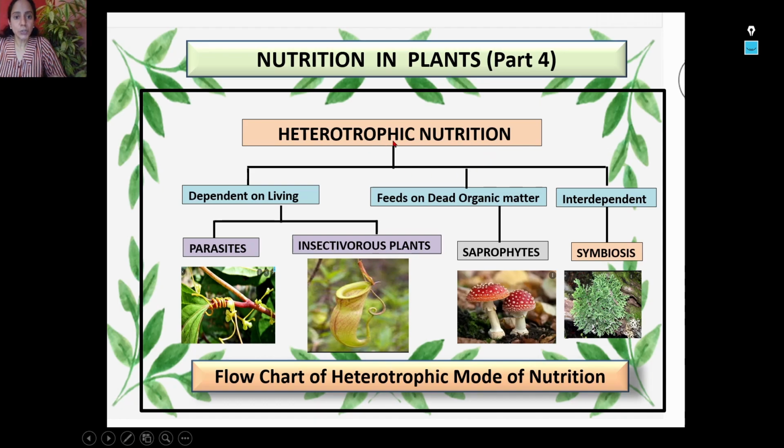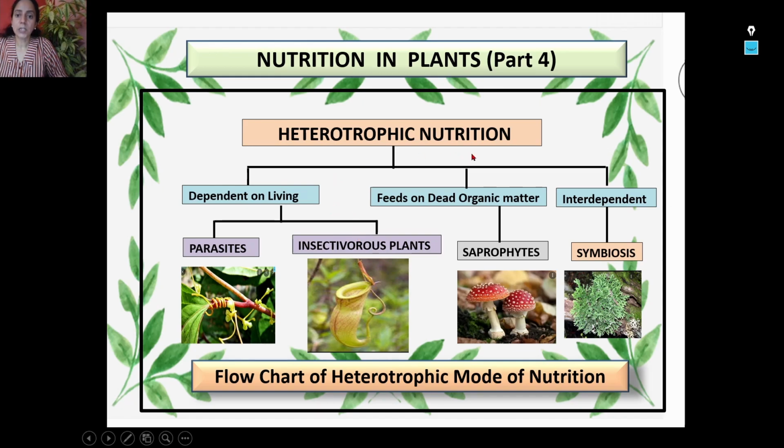So viewers, the heterotrophic mode of nutrition we can divide basically into three subtypes. One group of plants which are dependent on living plants. Another group of plant-like organisms which feed on dead decaying organic matter. And a third group of plant-like organisms which have interdependence, two organisms working together to fulfill their nutritional requirement.